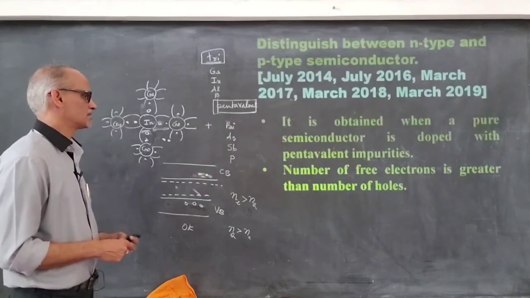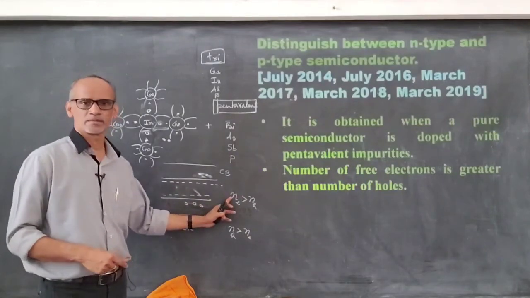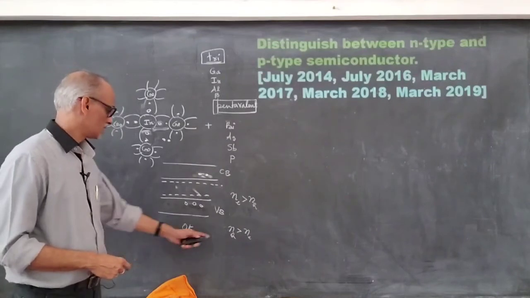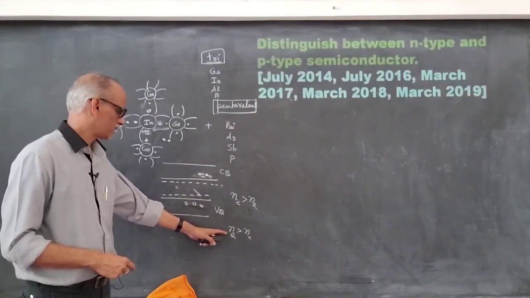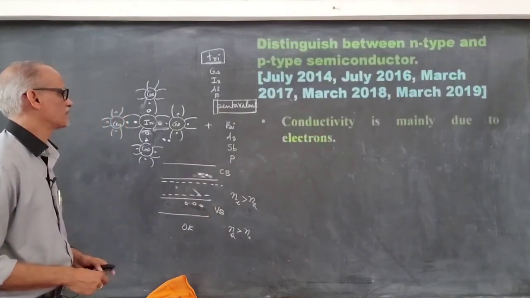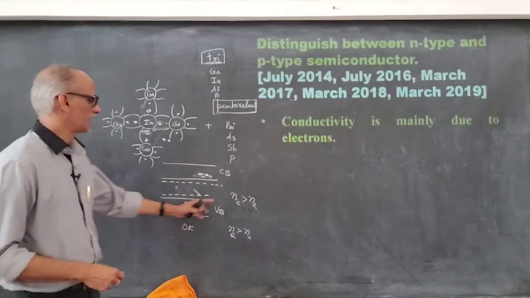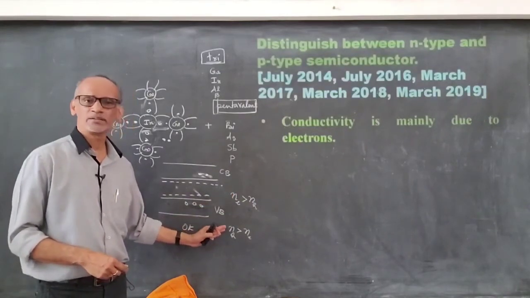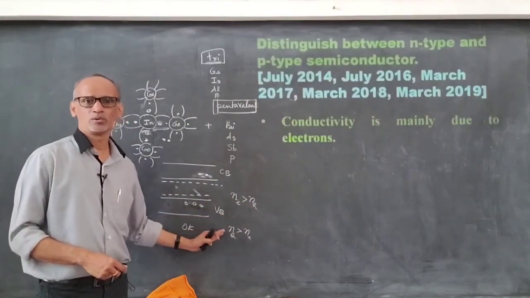Number of free electrons is greater than the number of holes. And the next, here in the case of P type, the number of holes is greater than the number of electrons. Conductivity is mainly due to electrons here, and in this case the conductivity is mainly due to the holes.